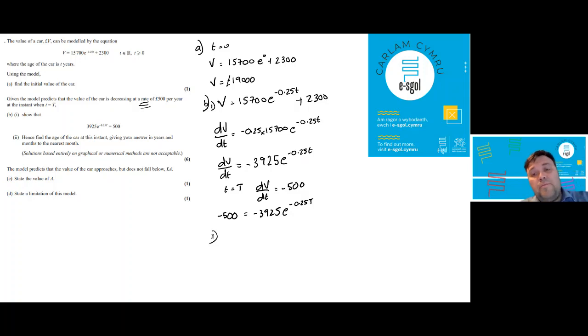So now we need to solve it. 500 is equal to 3,925 e to the minus 0.25 T. If we take the 3,925 over, we would have e to the minus 0.25 T equal to 500 over 3,925. Again, we would take logs of both sides, or ln of both sides.